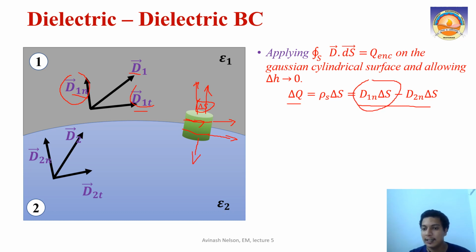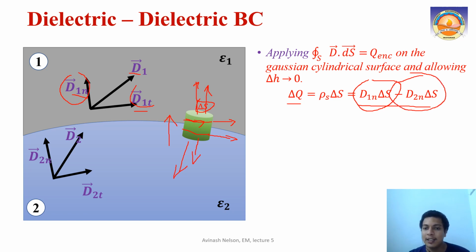But when you come to the second medium, your field's normal component is again in the same direction as your field direction in the first medium. But the surface delta S, as it is normal outward, both are in the opposite direction, and you have a negative sign here, minus D2n into delta S.